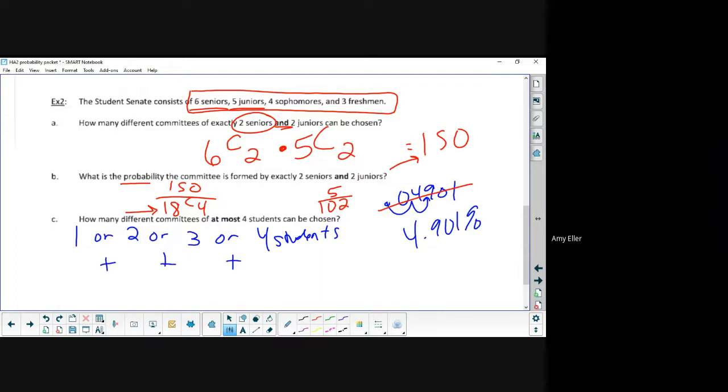Or means add. How many ways can I pick 4 students? We've done that. That's how many ways I can take 18 and pick any 4 of them. This is going to be 18 total students. I want to choose 3 of them, and so on. Let's do this in your head, the first one. I have 18 students. I want to choose 1 of them.